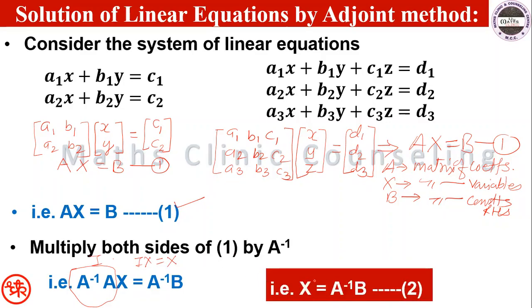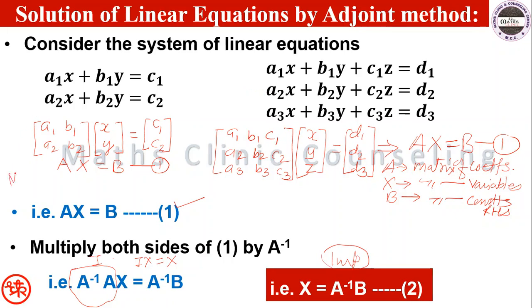So X is equal to A inverse B, and this is the result we required to find the solution of the given system of equations. Is that clear? So ये हो गया method. मतलब क्या करना है? You will be given a system of linear equations. Write down the system of linear equations in matrix form.